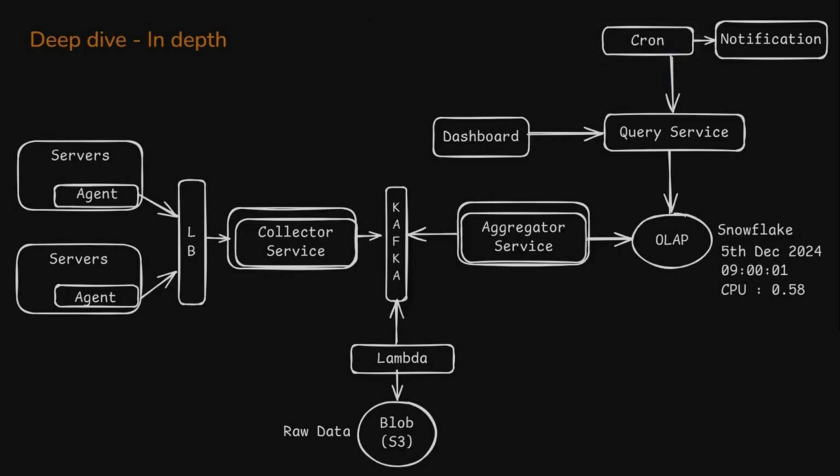So let's introduce a relational DB here, which is a rules database. This cron job is periodically querying this rules database to load the rules, and based on the rules it will query the query service, and if any threshold defined in this rules database is reached, then this can send notifications like email, SMS to the different stakeholders.